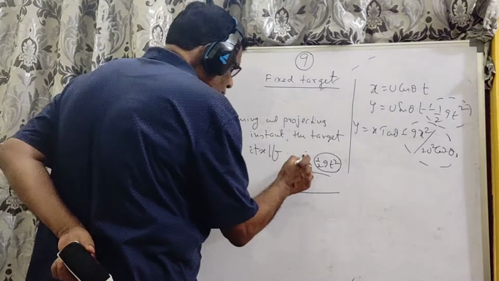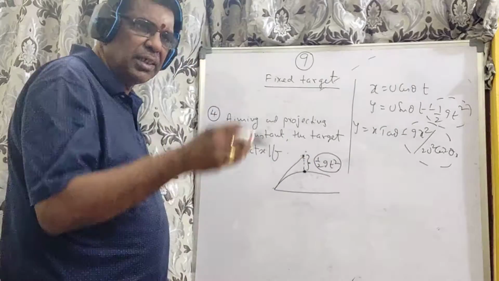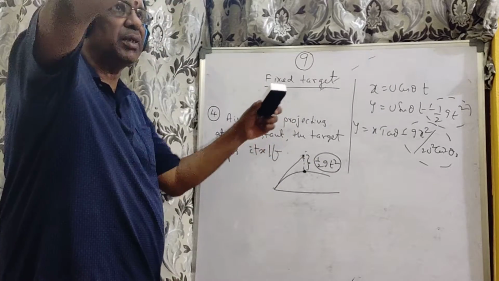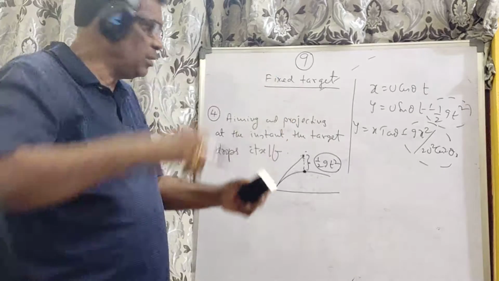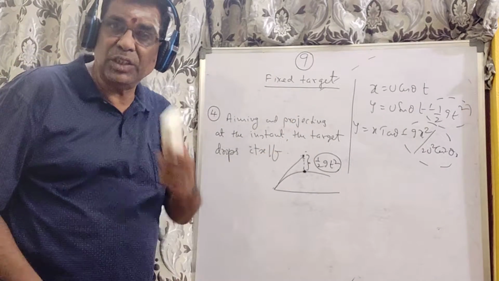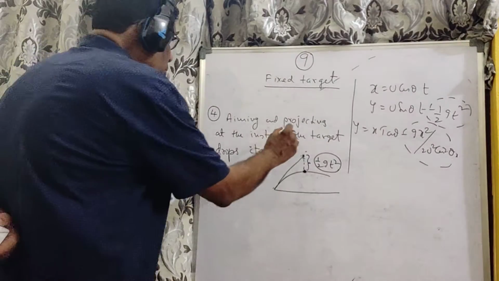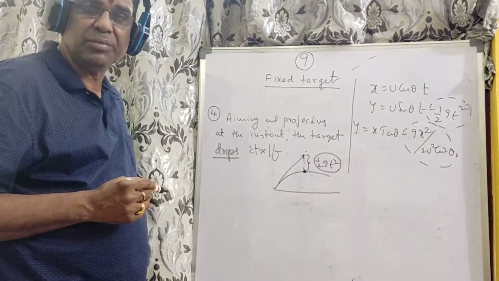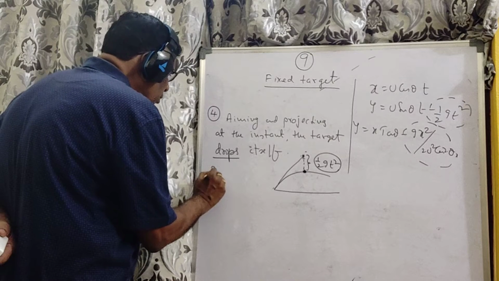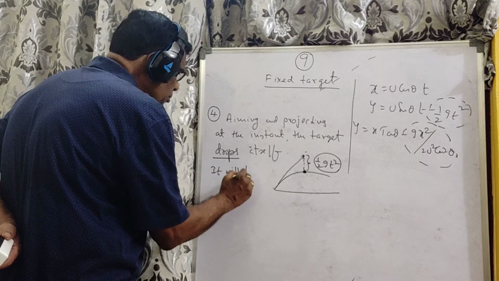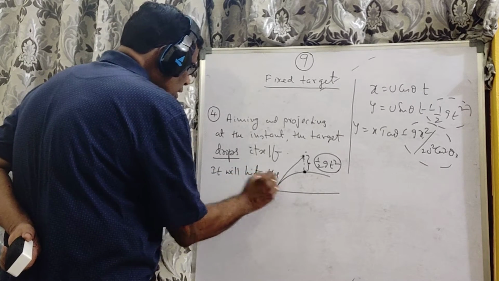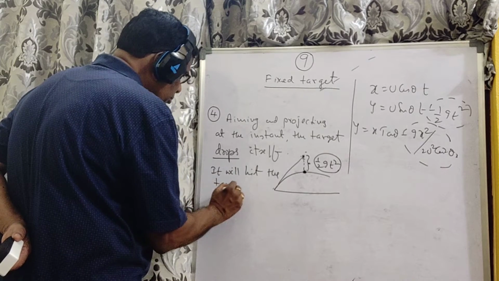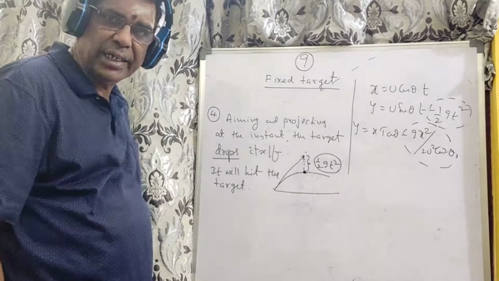That means whatever it is likely to miss, the same distance is covered by the dropped body, the dropped target. Then it will definitely hit the target. This is the fourth scenario.